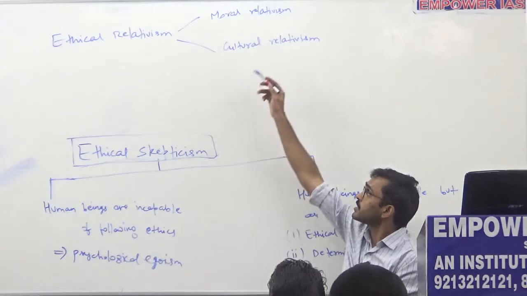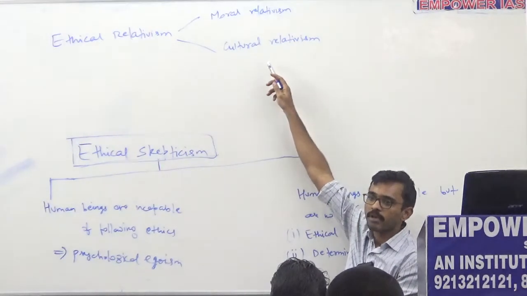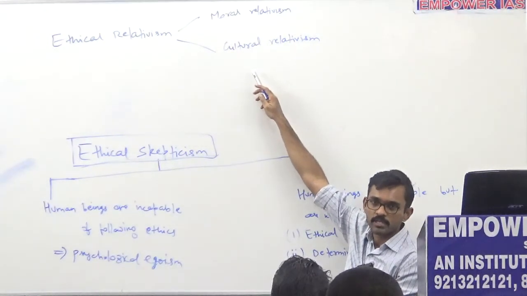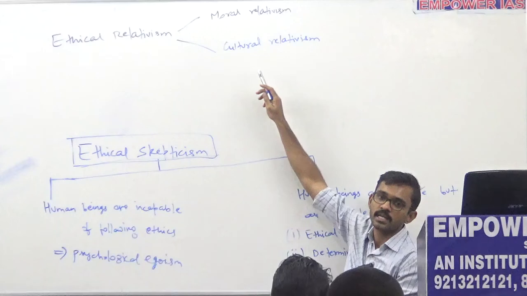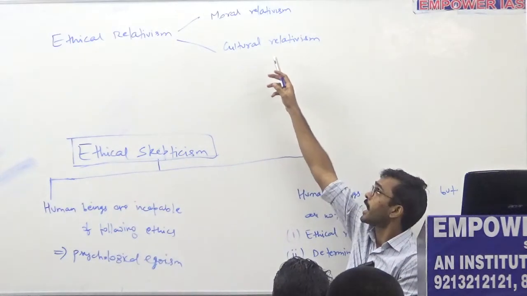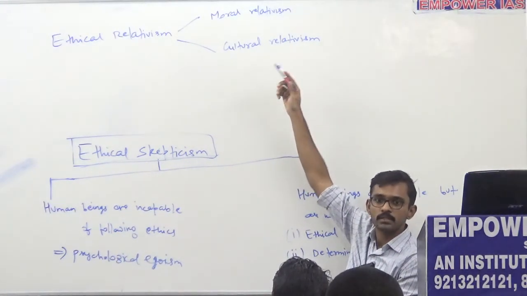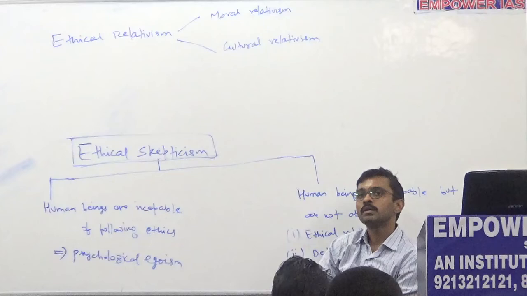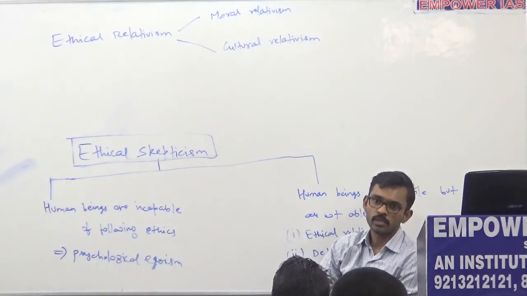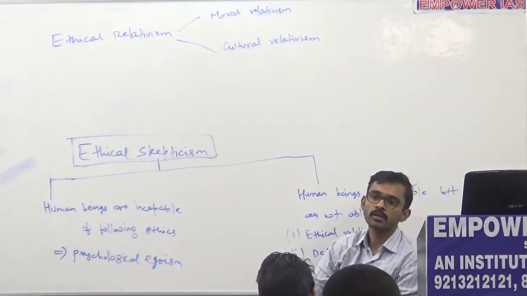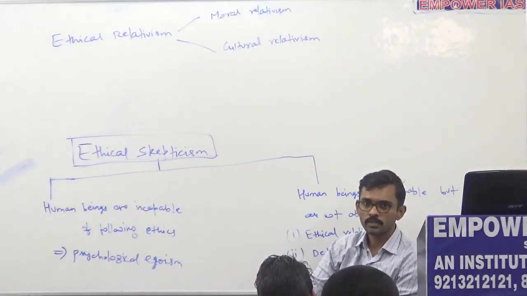So what does cultural relativism mean? Values differ across different cultures. There are no universal values applicable across different cultures. And moral relativism means that morals differ from individual to individual. There are no universal morals which apply across all individuals.